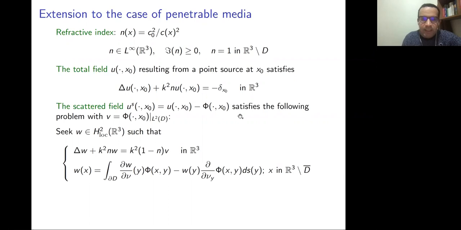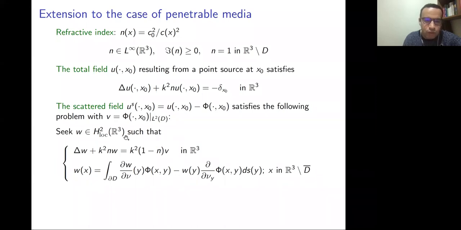In fact, for the scattered field, we can reformulate the problem as the following. I'm doing this quickly, but it's just a rewriting of the equation. The scattered field is a solution to this type of problem. W here plays the role of the scattered field.